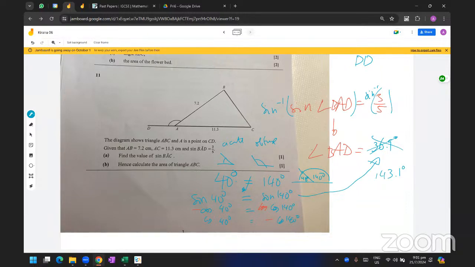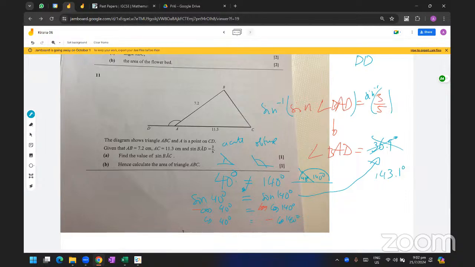Is this confusing? And then, why do you never use the answer button here?